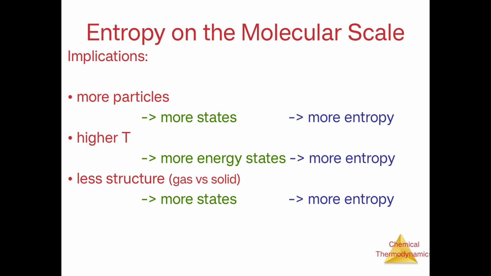If there are more particles, it means there are more states, then more entropy. If there is a high temperature, then there are more energy states, then more entropy. And if the molecule is less structured, when you compare gas versus solid, gases have less structure, which means more states, which means more space for the movement of the atoms, so there will be more entropy.